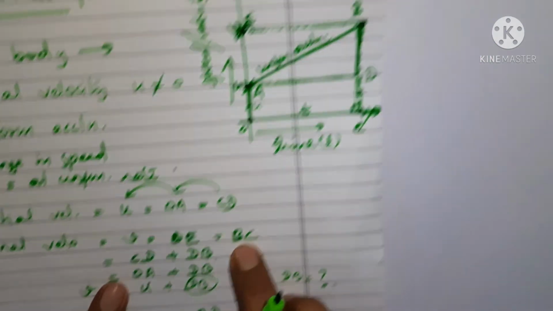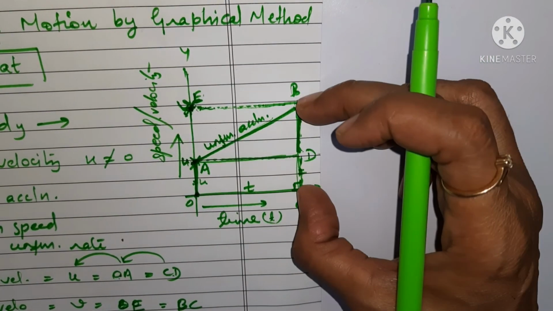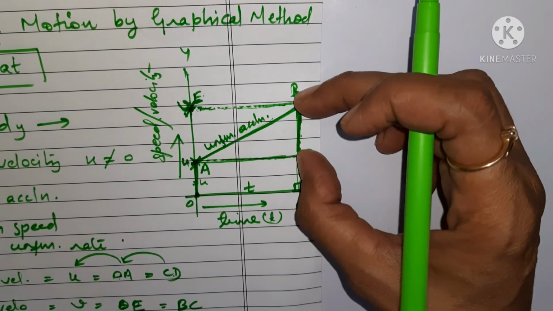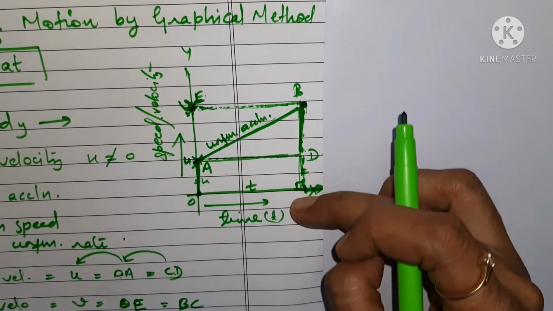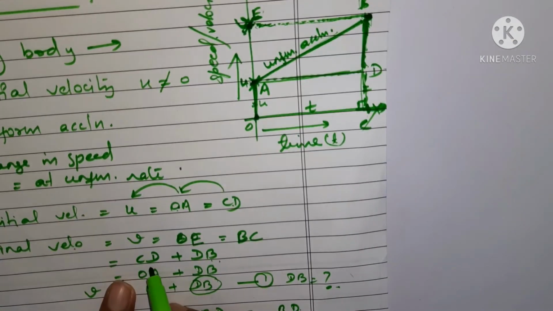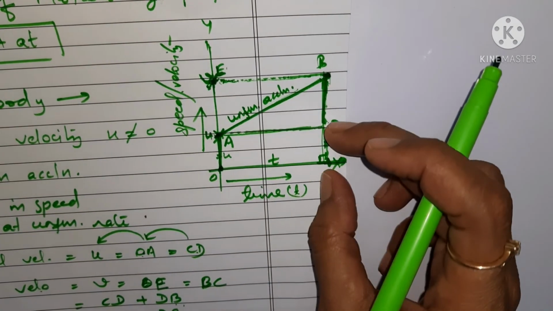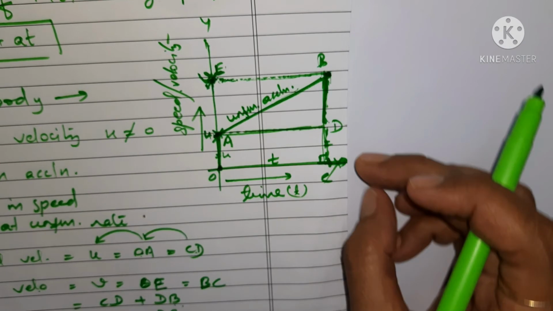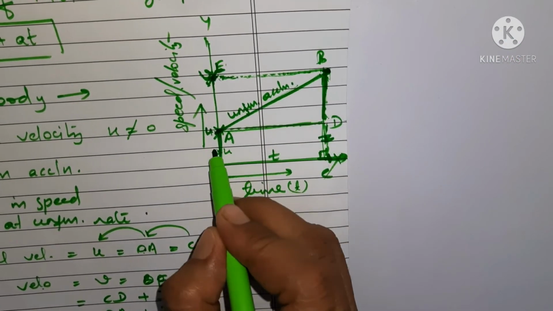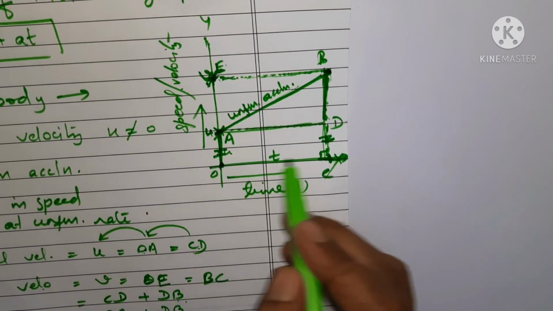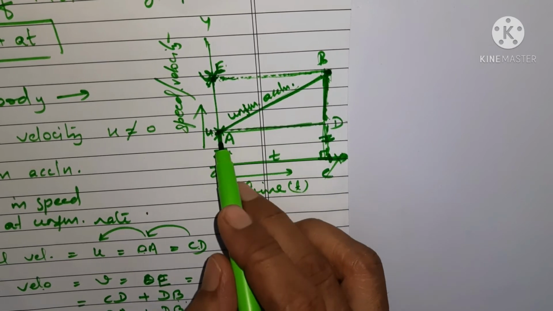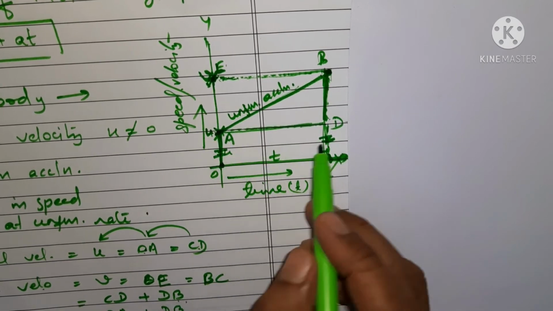Now BC can be split into two parts. You can see BC can be written as CD plus DB, this plus this, total from here to here. So CD plus DB. Instead of writing CD, we can write OA, because CD is equal to OA, isn't it? This part is equal to this one. You can see a very clear rectangle is there, so opposite sides are equal.